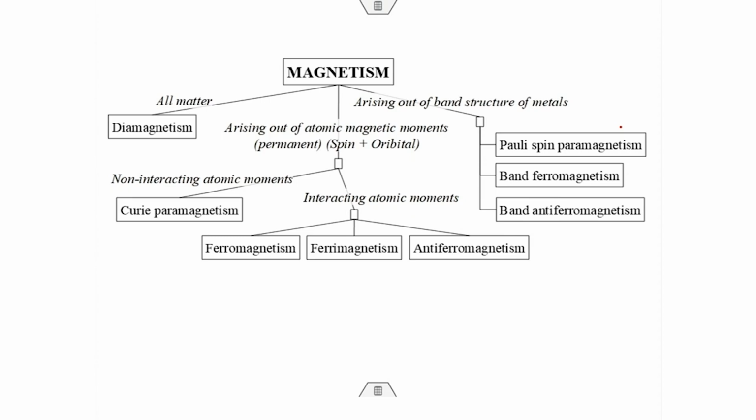This is basically a very weak negative magnetic effect. The magnetic susceptibility is very small here, about 10 to the -5, and hence it is always masked by the presence of stronger effects like ferromagnetism, correct.